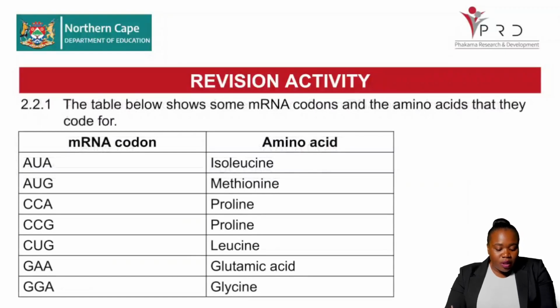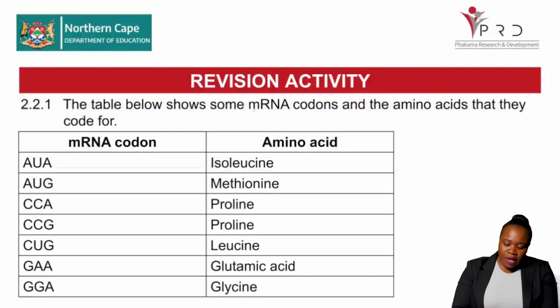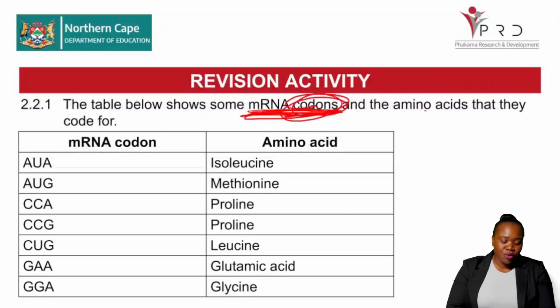2.2.1, it says the table below shows some mRNA codons and the amino acids that they code for. We have the mRNA codons and we have the amino acids. Like I said earlier, read the information provided. If you jump onto this part here, but you have not read the information, you might miss out on the fact that here we are looking at mRNA codons coding for amino acids.